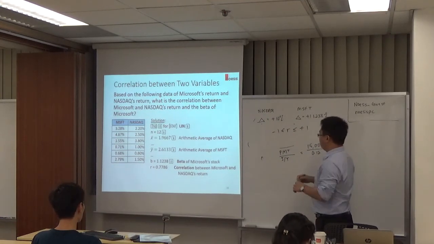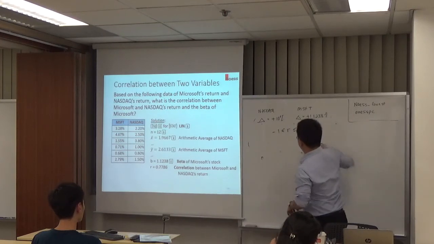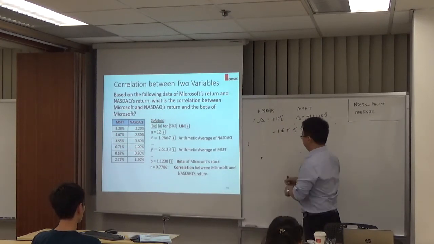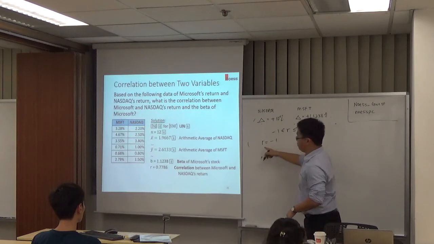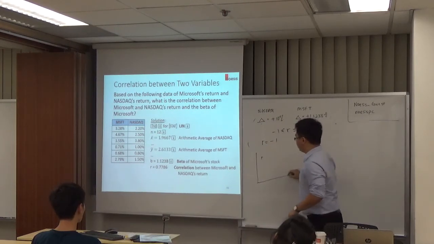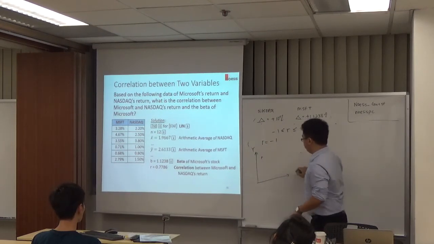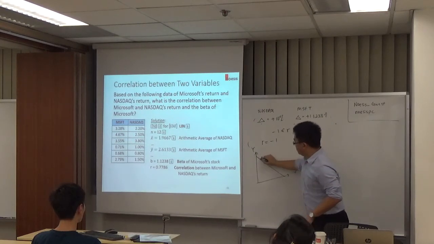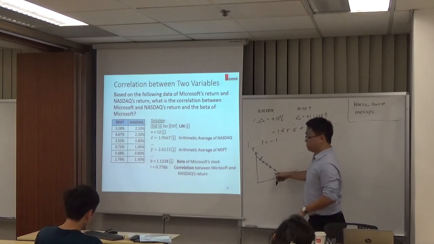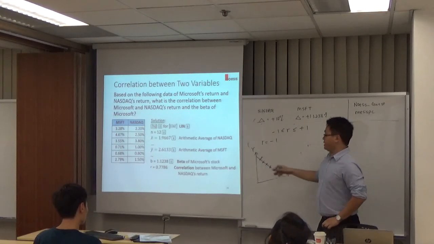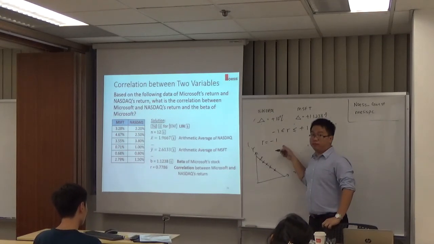Now, just a quick one. If you see -1, it means that you will see a straight line. All your y and x are on the same line, and the slope is negative. That's correlation equals -1.